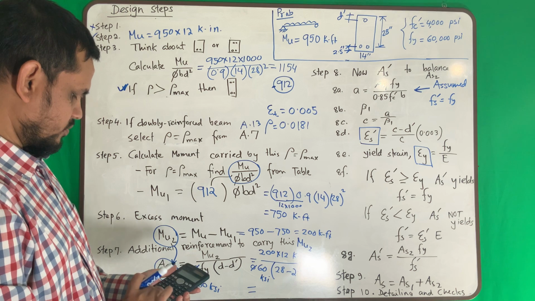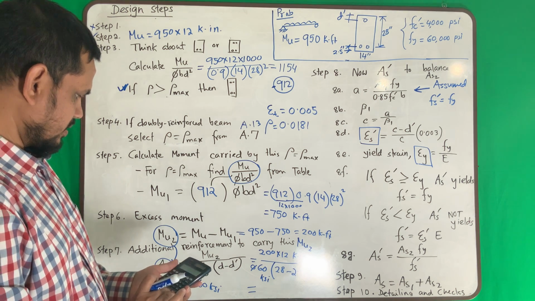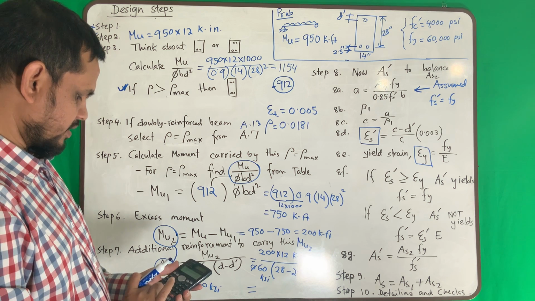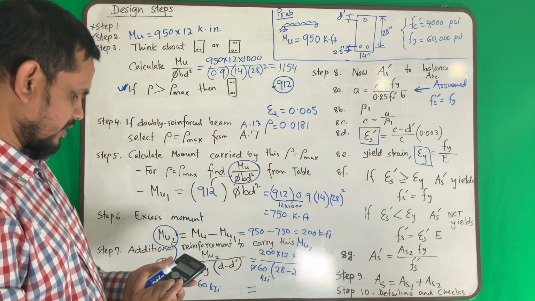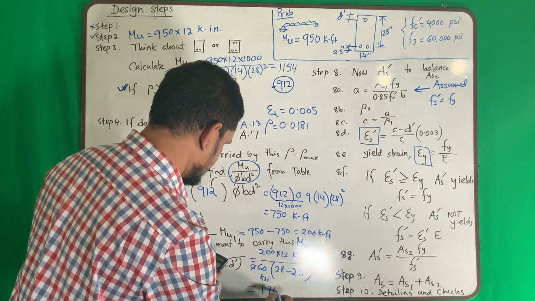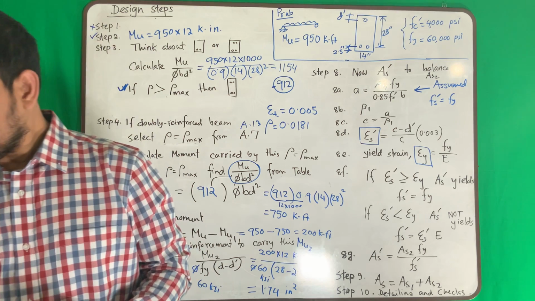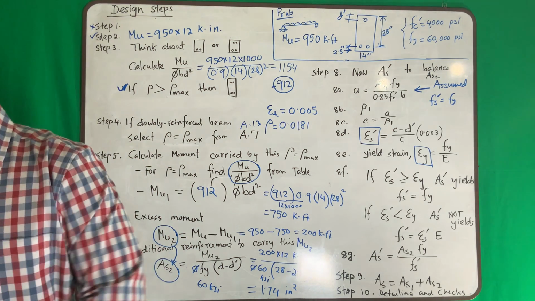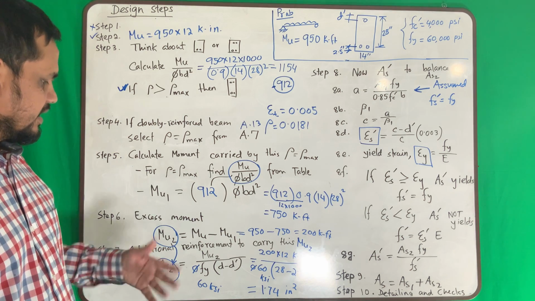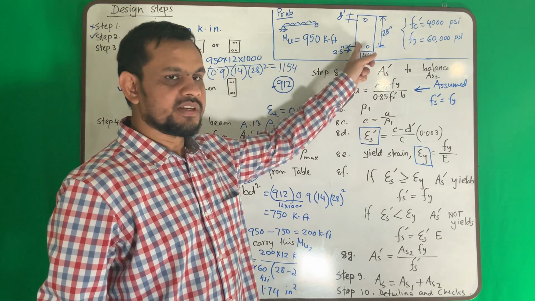So 200 times 12 divided by 0.9 divided by 60 divided by 28 minus 2.5. I got 1.74 inch square. Okay, so this is my additional reinforcement I will use here.